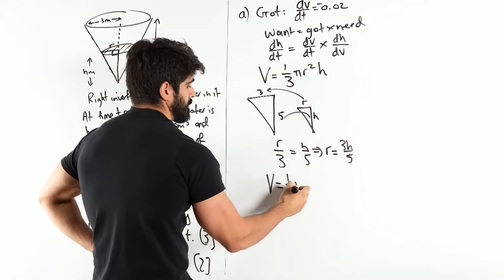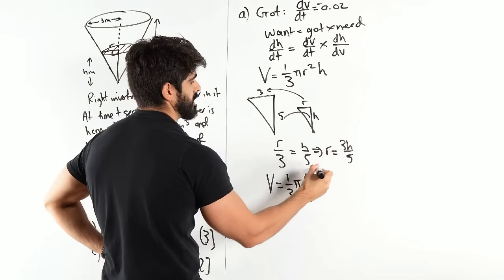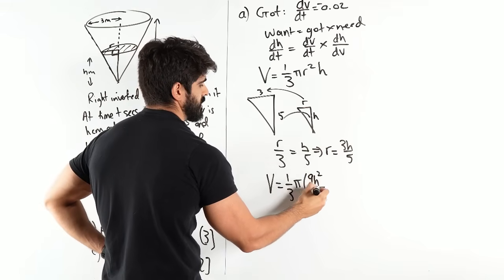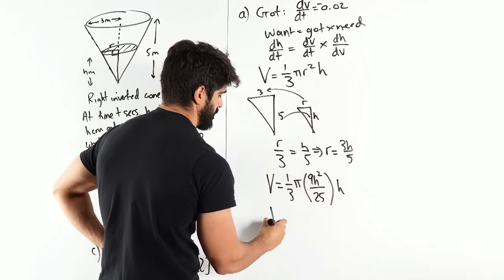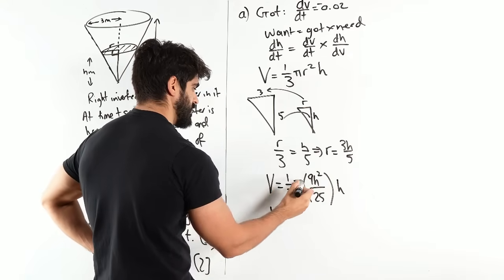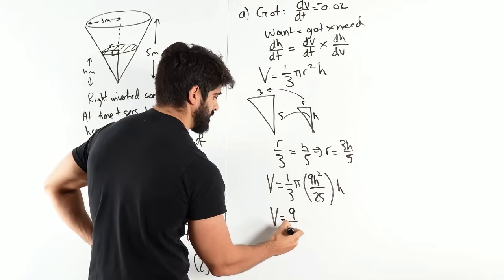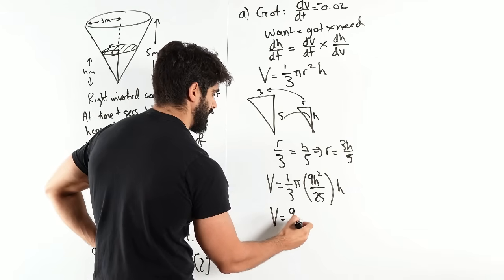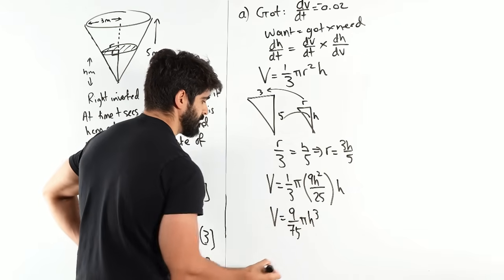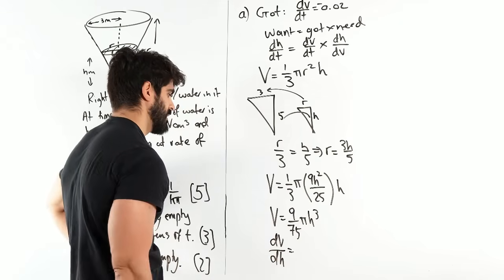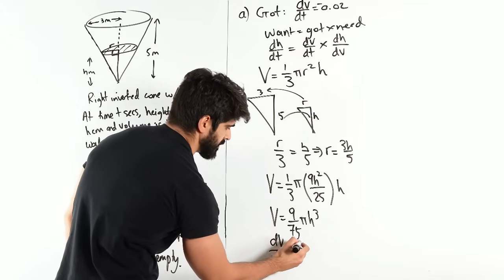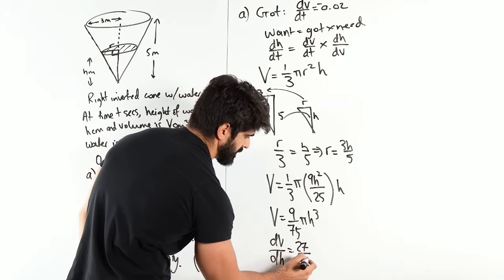So we have 1/3 pi. Then when we square this, we get 9h squared over 25, times h. So V is 1 times 9 over 75 pi h cubed. So dV by dh now is 27 over 75.